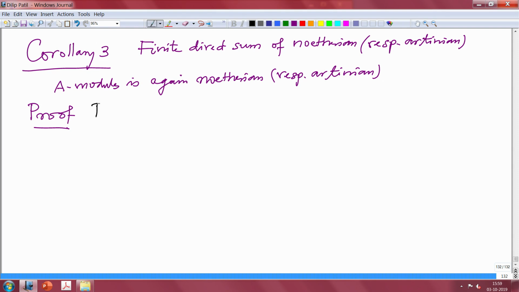Alright. So, proof by induction. So, what is to be proved? Let us spell out. Let V1 to Vn be Noetherian A modules.